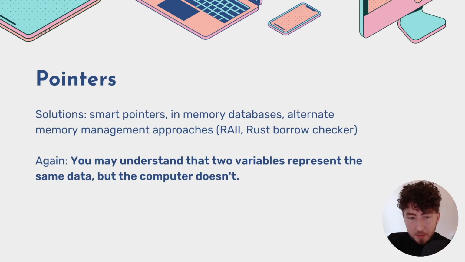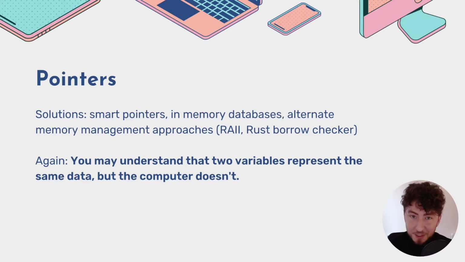There are alternate memory management approaches that allow you to do low-level memory stuff without necessarily using raw pointers. RAII is a common thing in C++, and the Rust borrow checker is a different type of attempt to fix some of these problems without having to expose raw pointers and all the bugs that come with that.